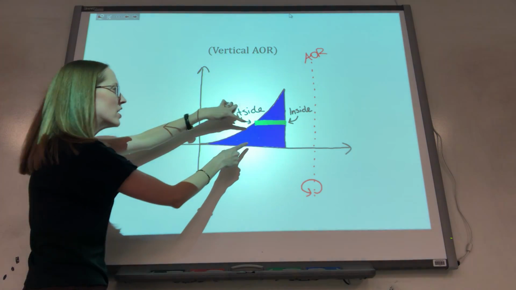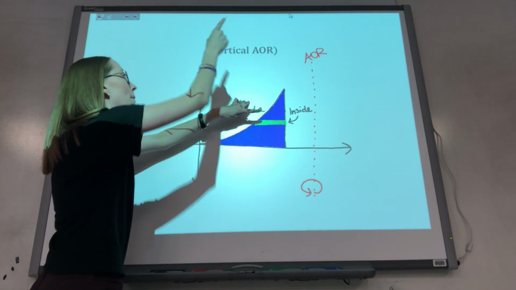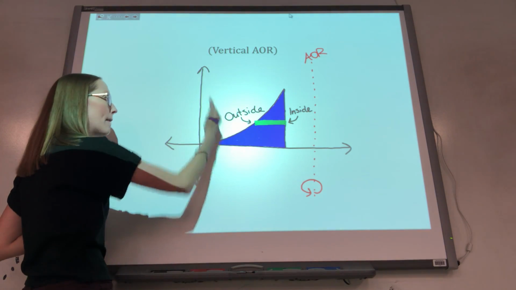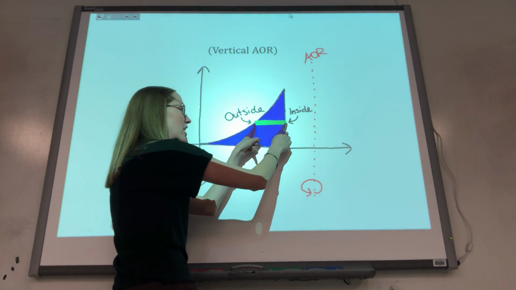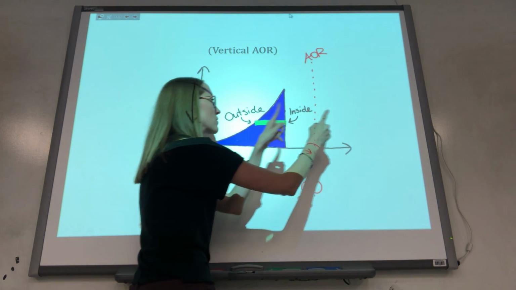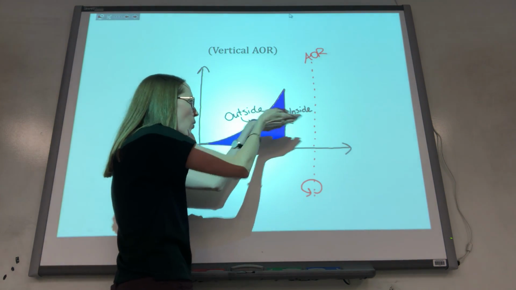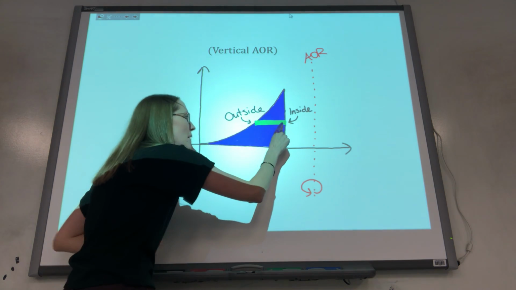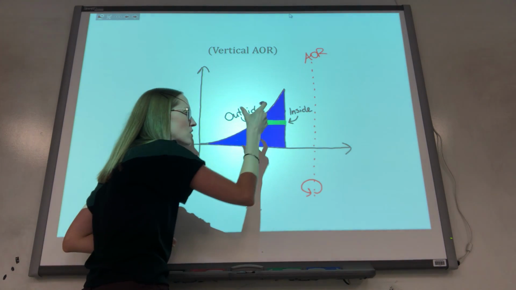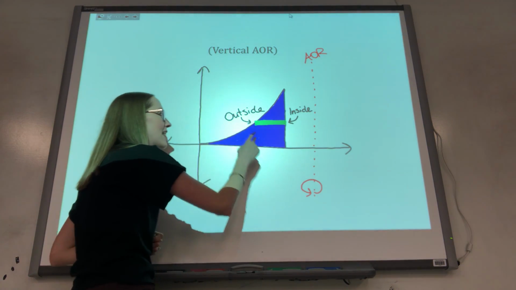It's no longer going up and around, so the washer is no longer going up and down. The washer is now kind of flat. If you spin this around, it's just going to be a washer sitting like this. This right here is going to form that circle in the middle, the inside.